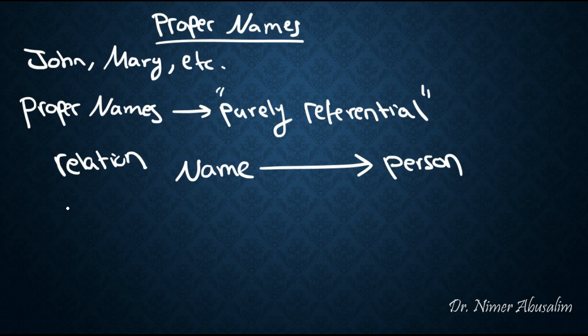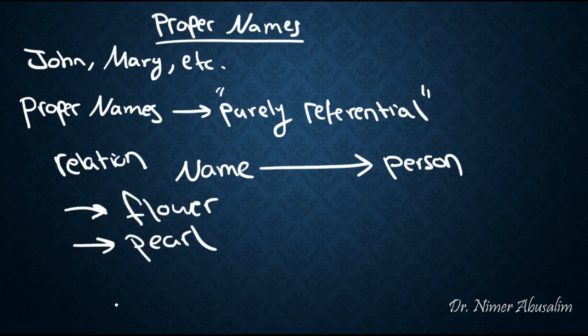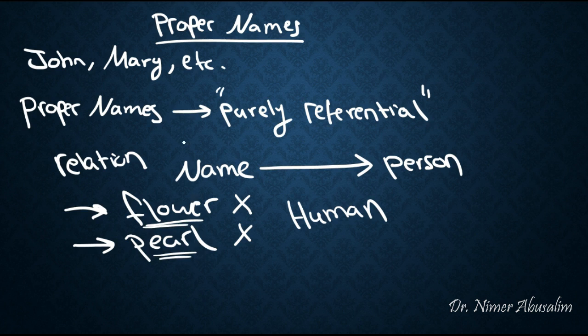So your name could originally mean some type of flower, or it could mean a pearl, right? Although these names have really nice connotations, the fact of the matter is you are not a flower and you are not a pearl. You're a human. So even these kinds of names do not have meaning intrinsically built in them. That's why we say that proper names are purely referential.